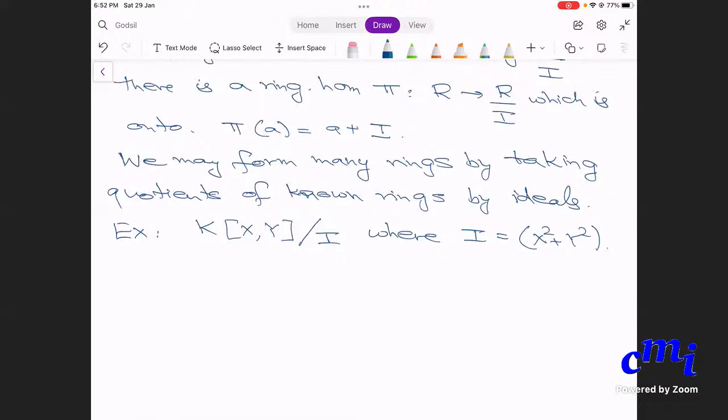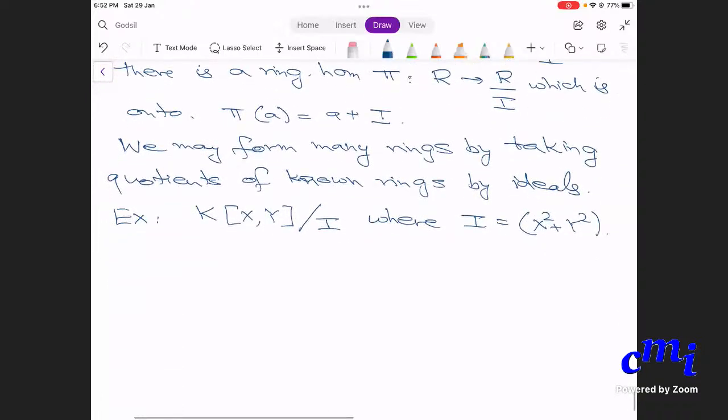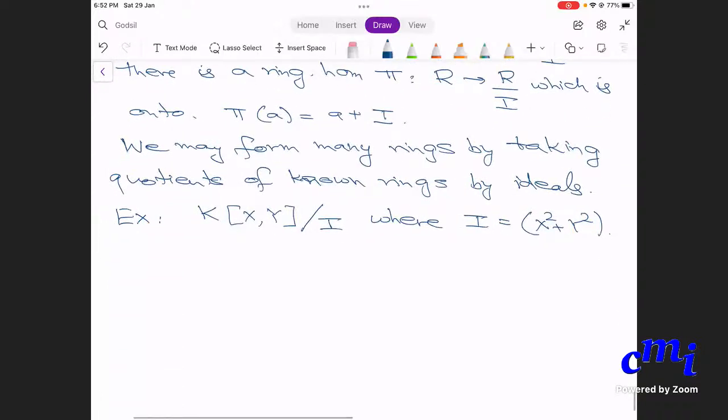I also want to note that we know all the ideals in the ring Z. What do we mean by we know all the ideals? What we mean is I can give you a list.